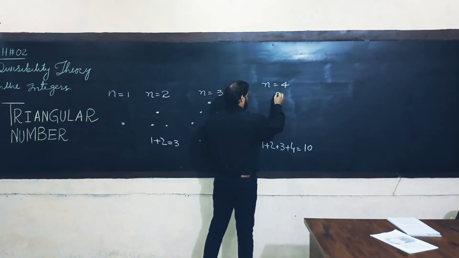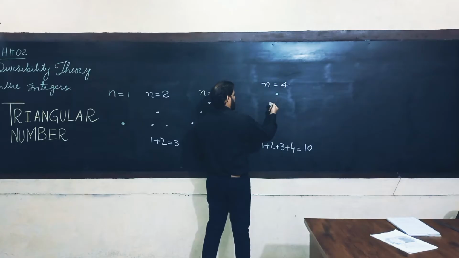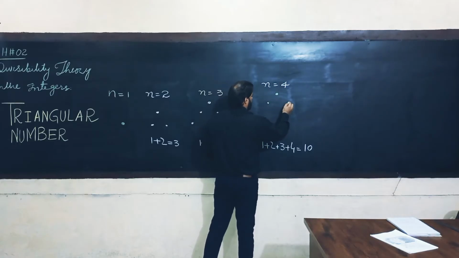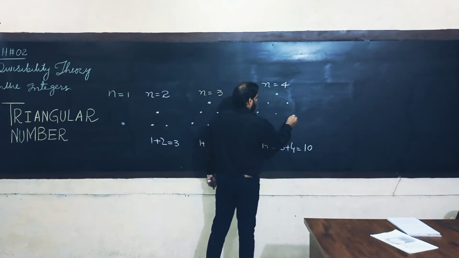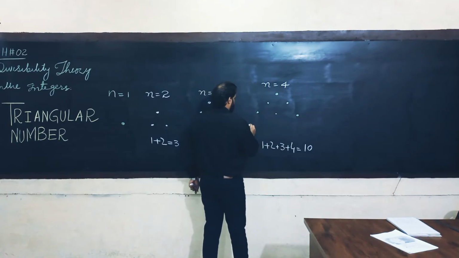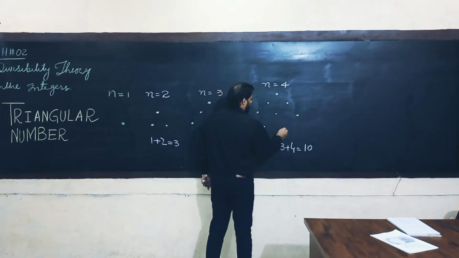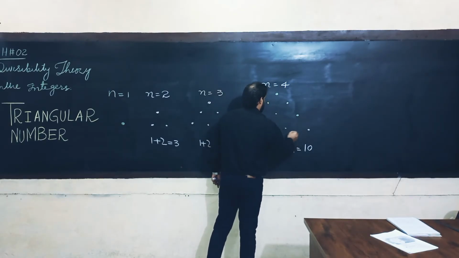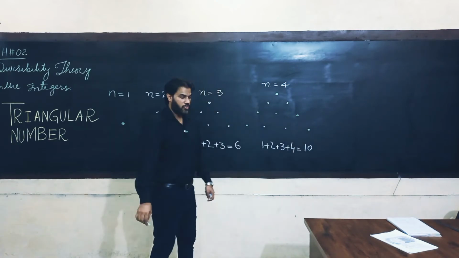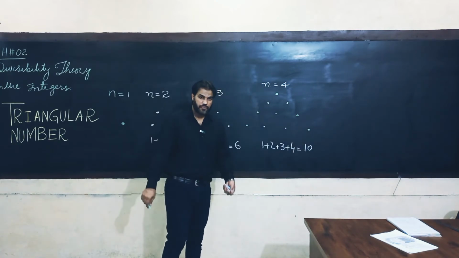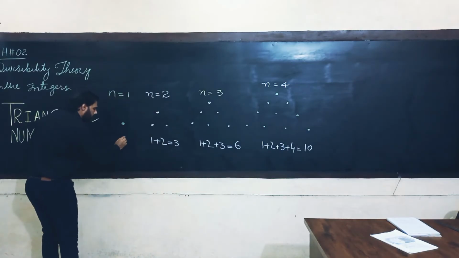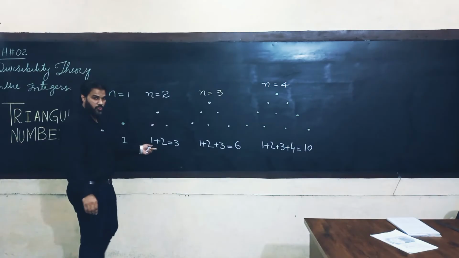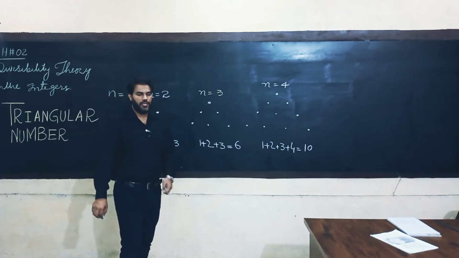This is the first row that consists of 1 dot. In the second row, there are 2 dots. In the third row, there are 3 dots. And in the last row, there are 4 dots. So continuing this process, every number that is the sum of these dots is called a triangular number.